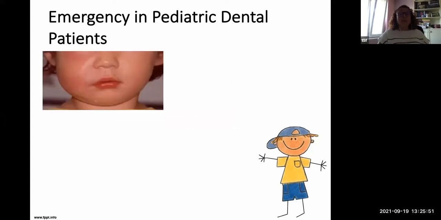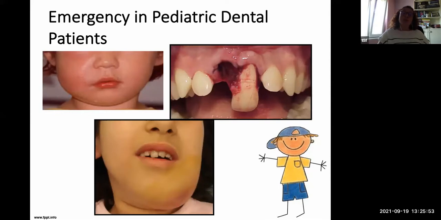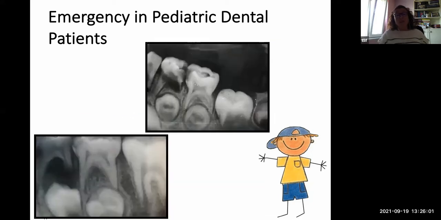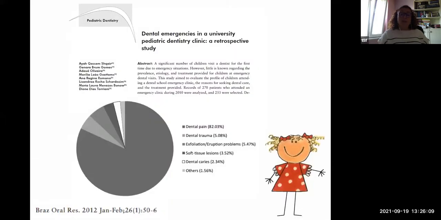Here are some examples of emergency admissions in pediatric dental clinics. Facial swellings or trauma are the most common ones, and intraoral and extraoral abscesses are also a topic of presentation.